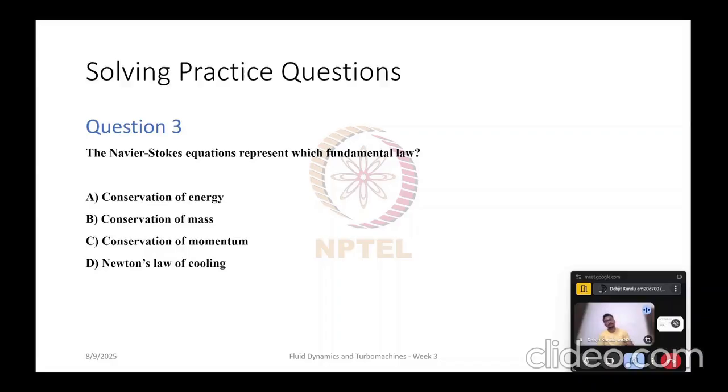In the first week of lectures, we learned about the Reynolds transport theorem, which lets us apply the system level fundamental laws of nature that we know to control volumes.